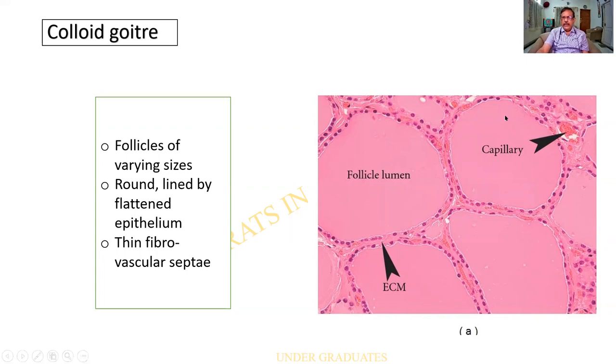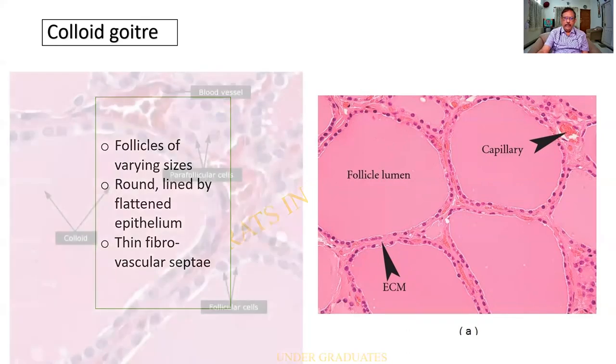In between the thyroid follicles, there is a loose, thin, fibrous tissue with vasculature, capillaries. You people can go through this. This colloid goiter can be given as a slide to you.